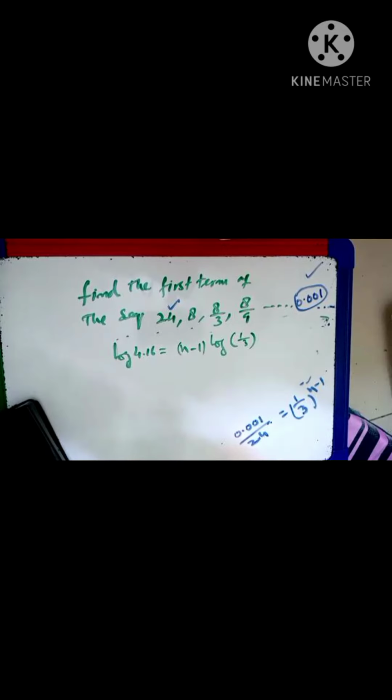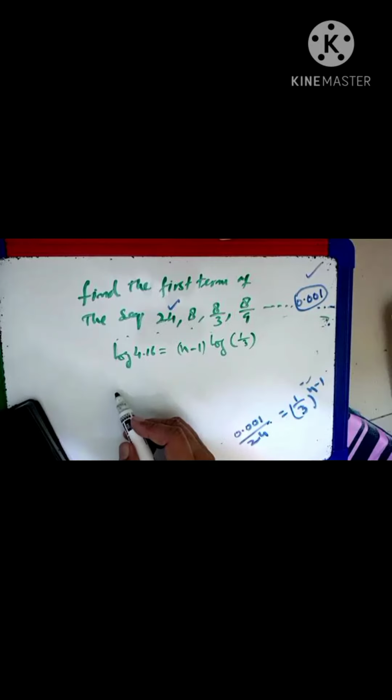I got 1.77. 1.77. I think it's negative; should it be negative or positive? Of course, positive.